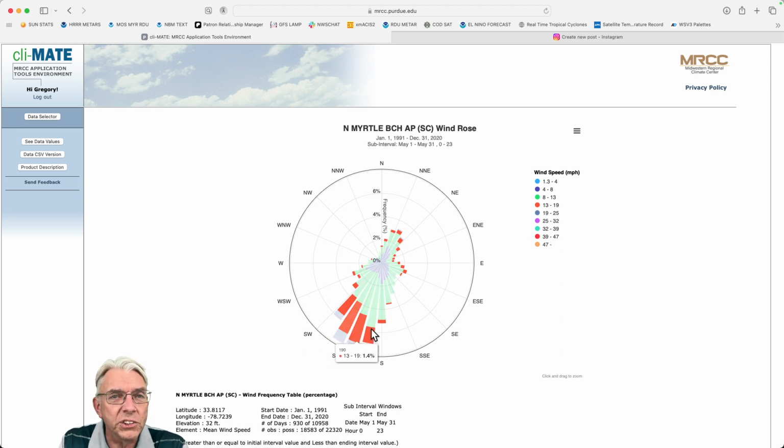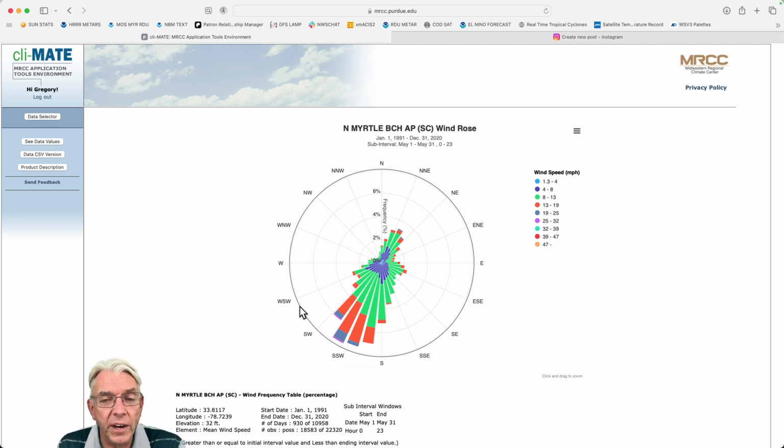So the fact that this is skewed a little bit more toward the south than Raleigh-Durham was is probably indicative of that idea that I just showed you. But even a southeast wind would be perpendicular to the beach at Myrtle Beach, and that would be your classic sea breeze blowing perpendicular to the coastline.